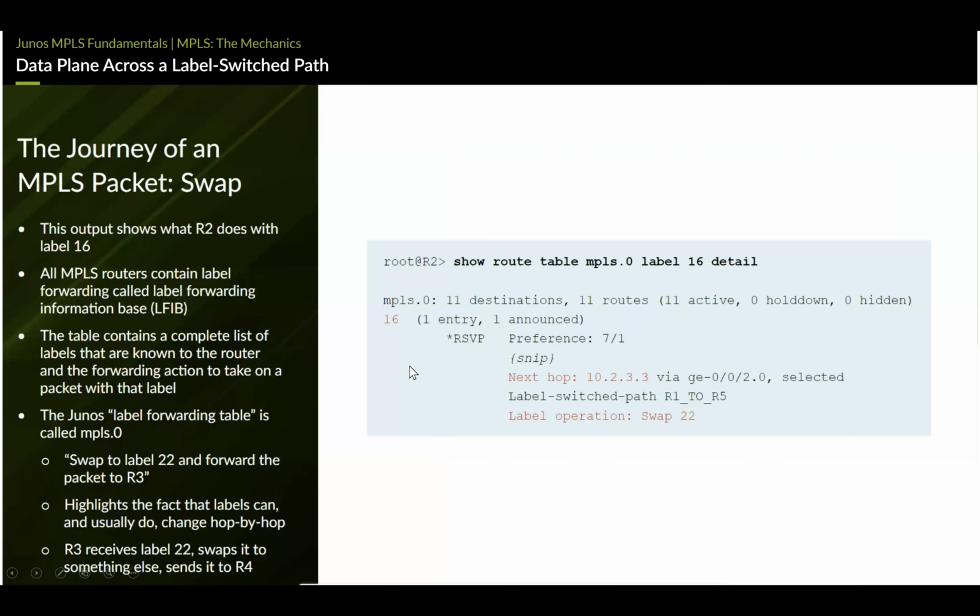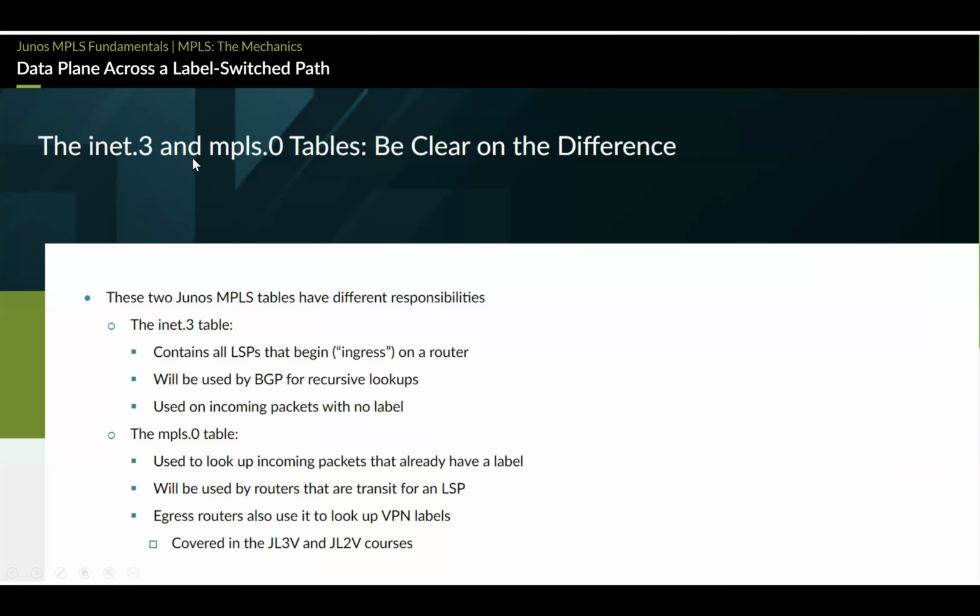Okay, let's be clear on the difference between the INET.3 and MPLS.0 tables. In Juniper, there are two tables in MPLS operation. One is INET.3, the MPLS routing table, and MPLS.0, the MPLS label distribution table.